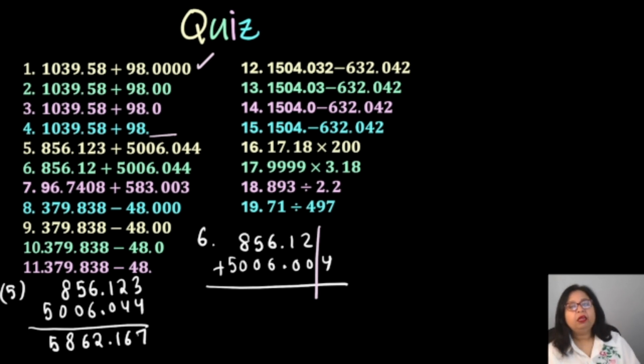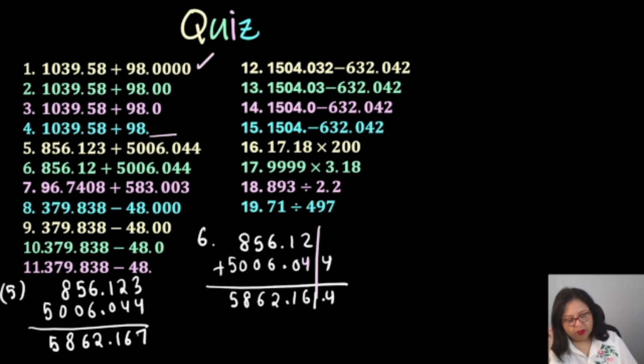That means the final answer must round off to 2 decimal places. Okay. Alright, this is supposed to be a 4 here. Alright, let's go ahead and perform the addition. We get 5862.164.